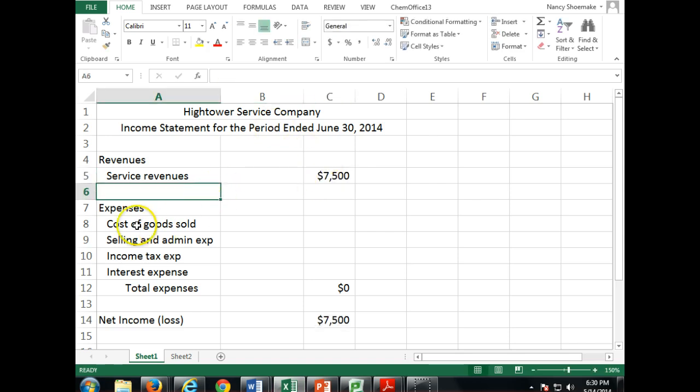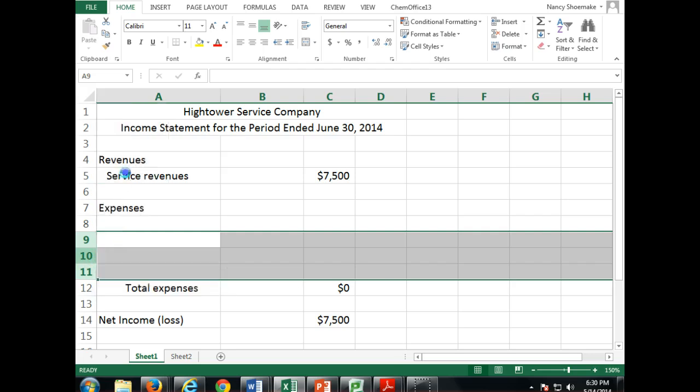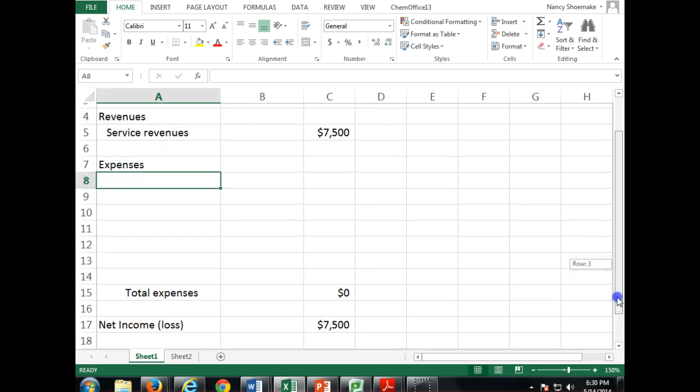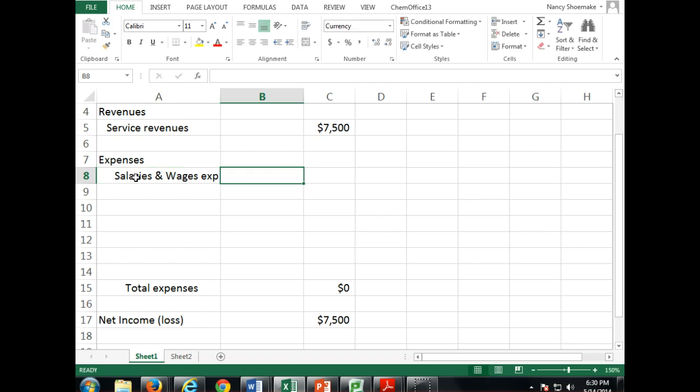And then what kind of expenses? Let's make sure we pick up all the expenses. What kind of expenses do we have, guys? Salaries and wages expense of how much? 1,400. Perfect. Next.